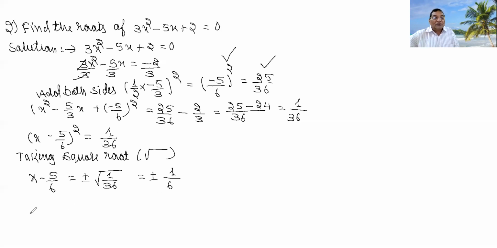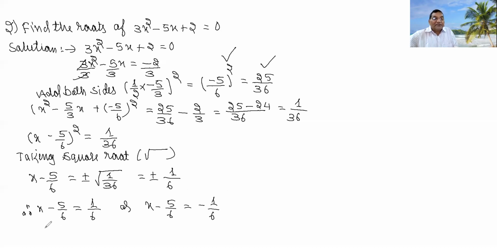And therefore, what happens here? x minus 5 by 6 equal to, one value will be plus 1 upon 6. Or another one, x minus 5 by 6 equal to minus 1 upon 6.